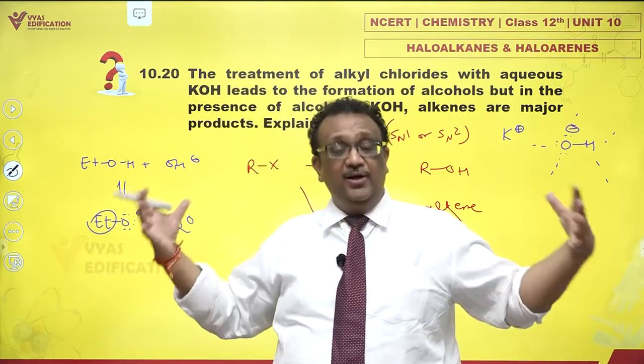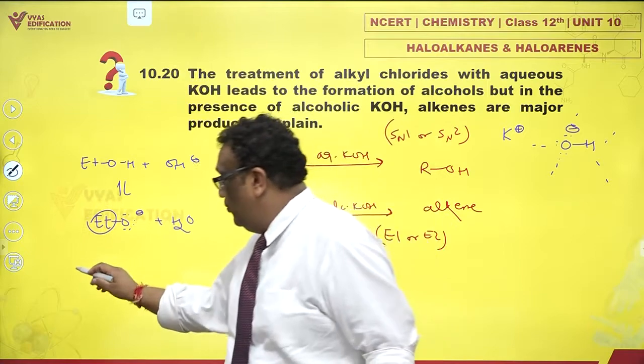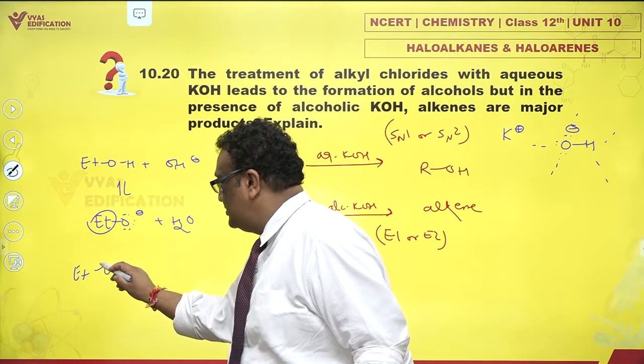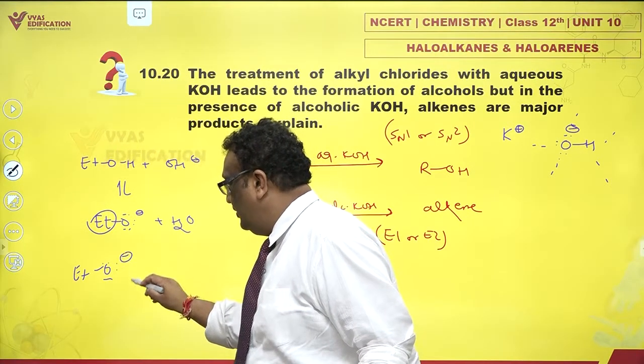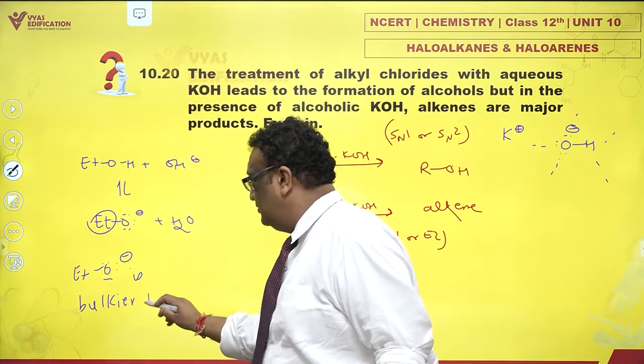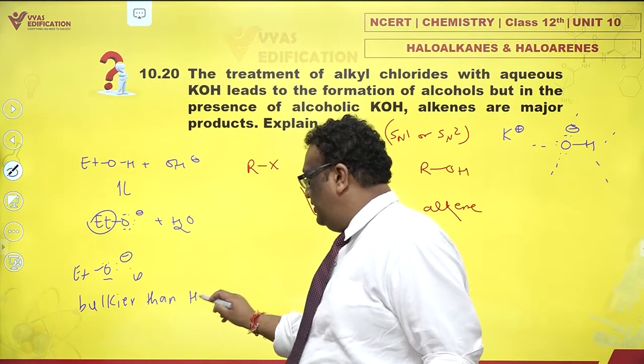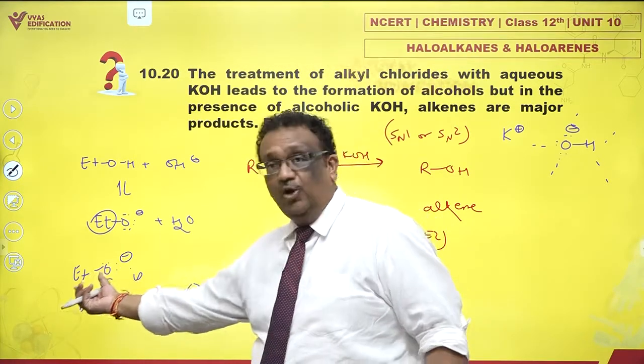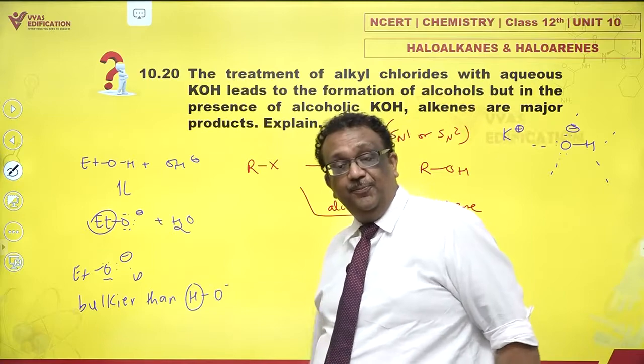Alkoxide ions are bigger and huger, right? So EtO- is bulkier than HO-. Obviously, ethyl group is much huger as compared to hydrogen atom.